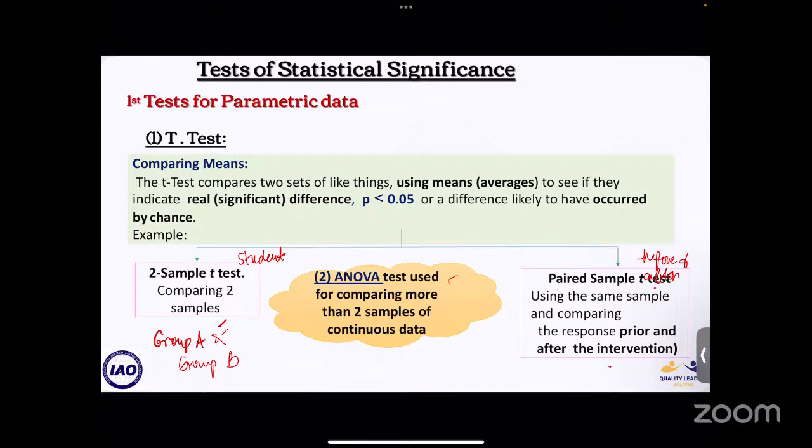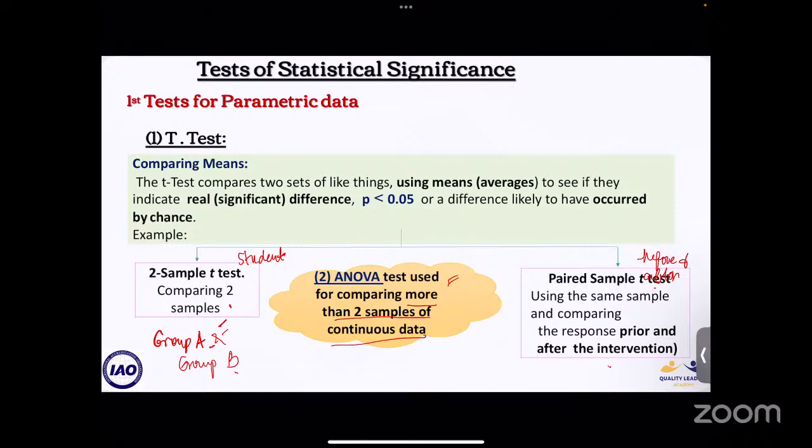What about the ANOVA test? It is used when comparing more than two samples of continuous data. So again, for parametric or continuous data, we have the t-test, the student's t-test, which compares two samples, simply comparing group A with group B and vice versa.